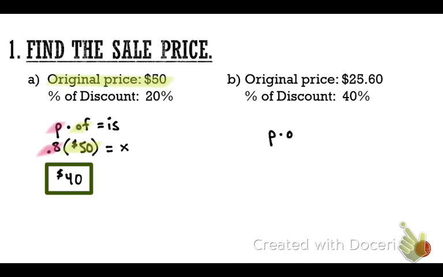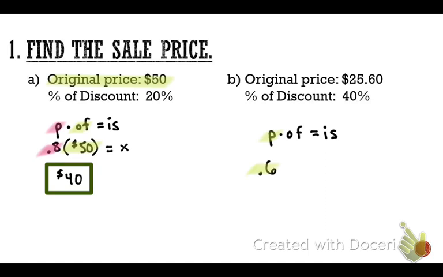So we've got P times of equals is. Remember, for our P, it is going to be the percentage you actually pay. If you're getting a discount of 40% off, what percent do we have to pay, class? 60%. Change that to a decimal and you get 0.6. Times of.